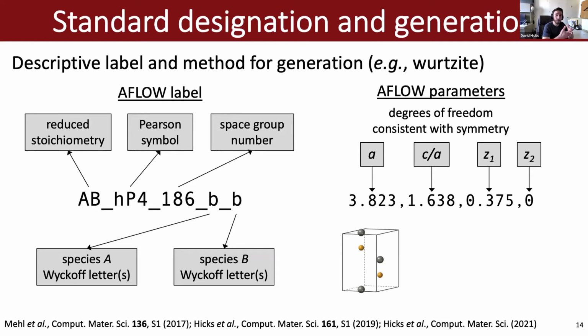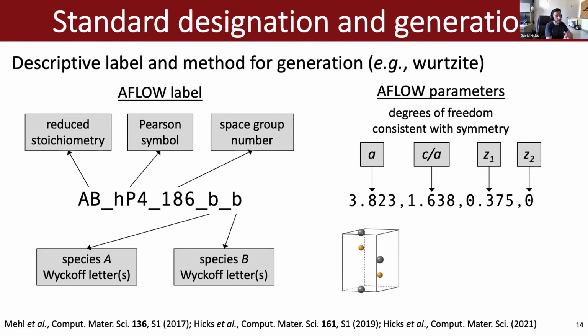And we wanted to come up with a descriptive label that we could use for generating, but also that as a user, you could kind of see when you look at the label, you have an idea of what the structure may look like. And so we came up with this AFLOW prototype labeling scheme. And so here's the label here, and you can see that it's essentially a string separated by underscores.